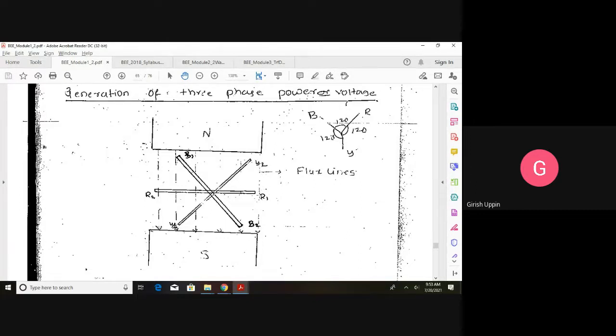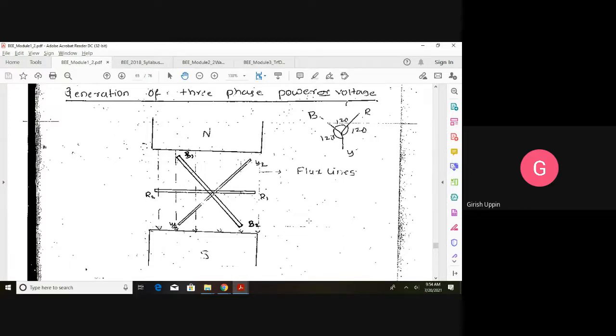You remember, we had a coil or a conductor of length L placed in a magnetic field of density B, and it was rotated with an angular speed of omega or linear speed of V. When we rotate that conductor, it cuts the magnetic flux. Whenever it is cutting the magnetic flux, it will produce an EMF, and that is sinusoidal in nature.